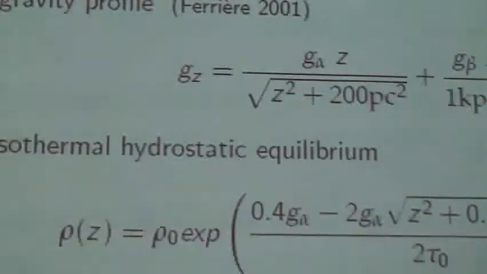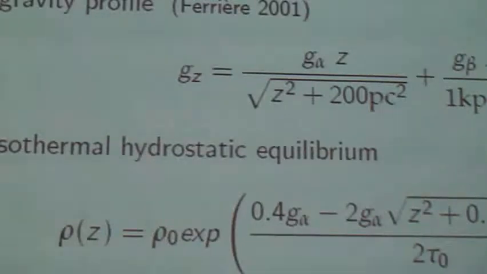So it's set up with parameters which are very similar to the environment that we find our sun in at the moment. The gravity profile has the gravitational pull of the mass in the disk, and also the gravitational pull from the dark matter, and it gives you a gravitational profile that goes something like this.